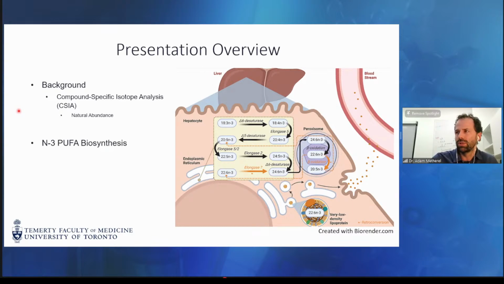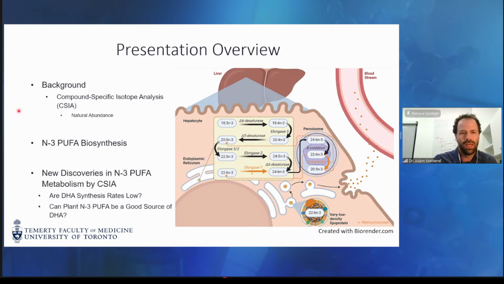And like I said, go over the N3 PUFA or polyunsaturated fatty acid biosynthesis pathway, and then touch on some new discoveries that have about this pathway that have been enabled by CSIA itself, particularly addressing whether DHA synthesis rates are low and how plant N3 PUFAs could be a good source of DHA.